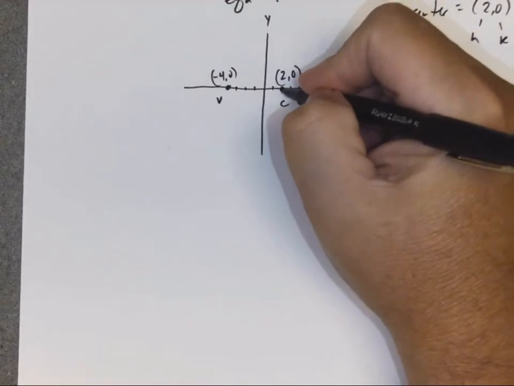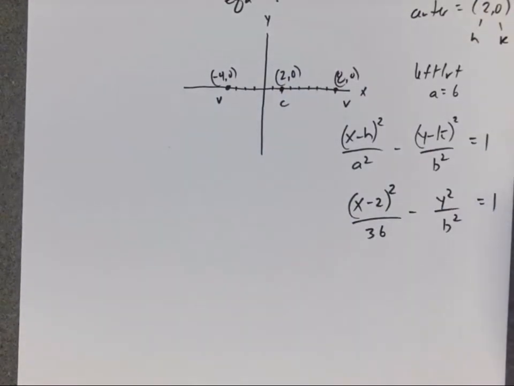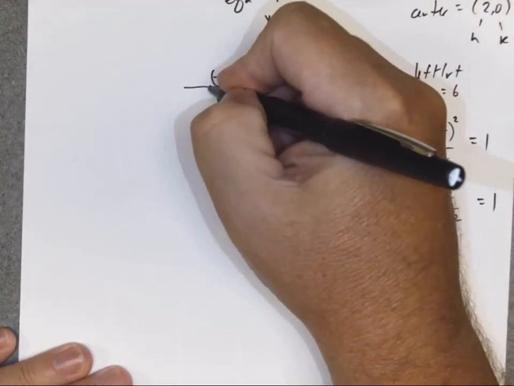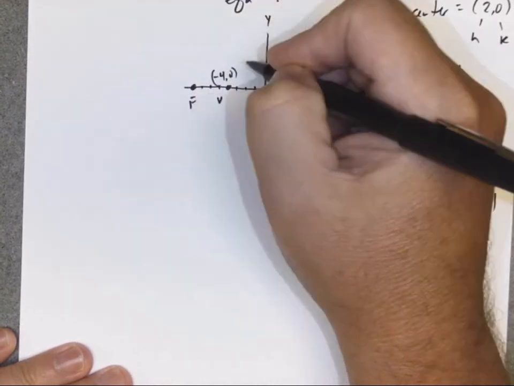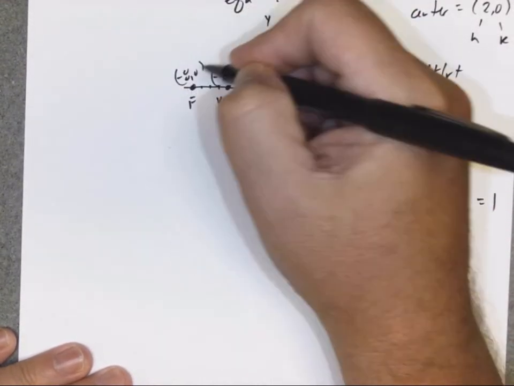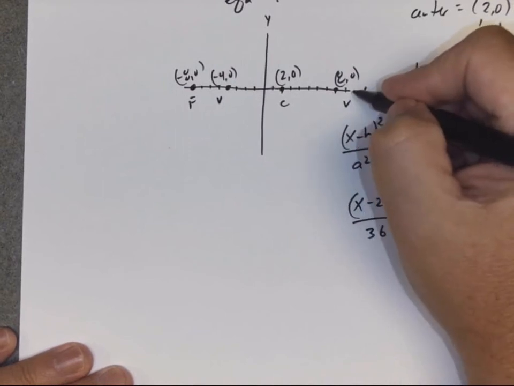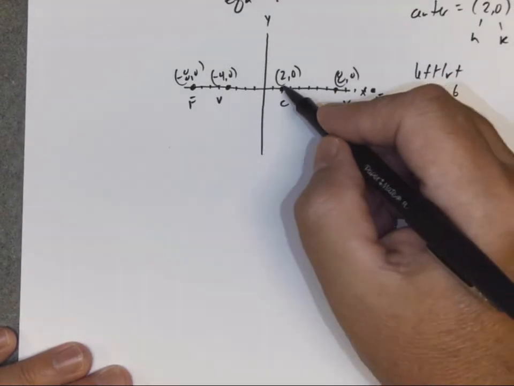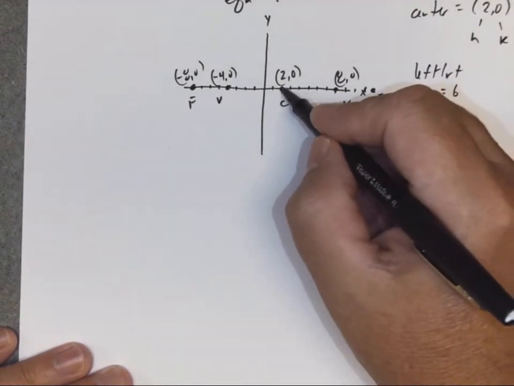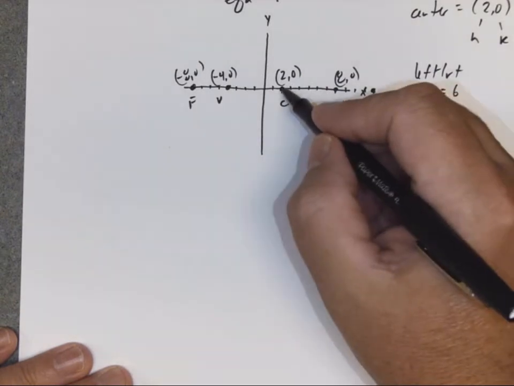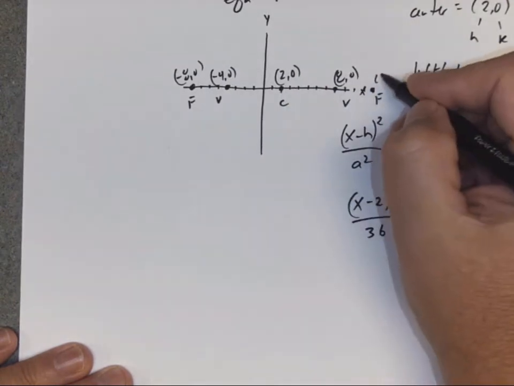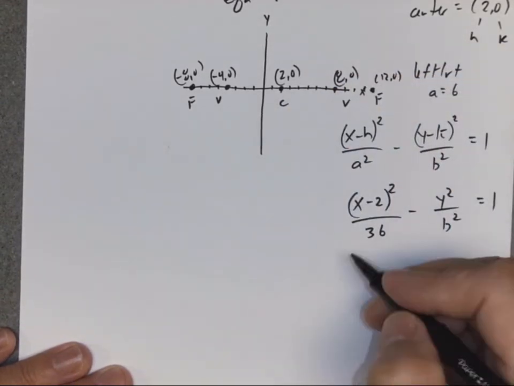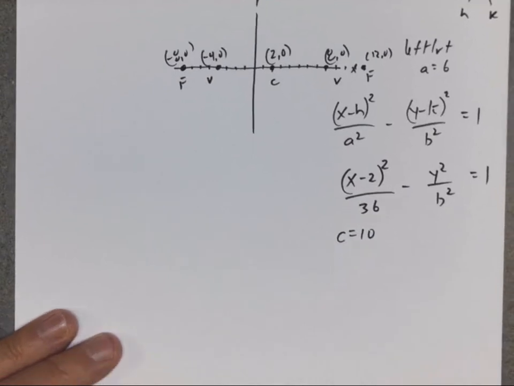B is like this distance here, which I can't really figure out. But what else do they tell me? They tell me the foci are -8, 0 and 12, 0. Which means the distance c is the distance from the center to the foci. If I'm at 2, 0 and this focus is at 12, 0, what's the distance here? 10. So c is 10.